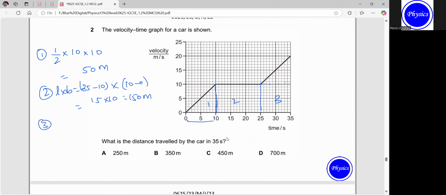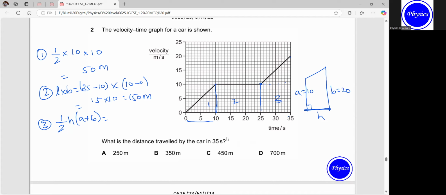For the third one, the trapezium, the formula is half times H times (A plus B), where H is the perpendicular distance, the 90 degrees distance joining A and B. So the graph is like this: A, B, and H. A is 10, B is 20, and H is 35 minus 25, which is 10.